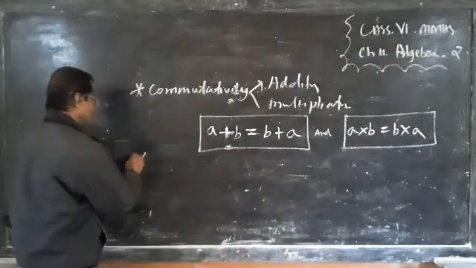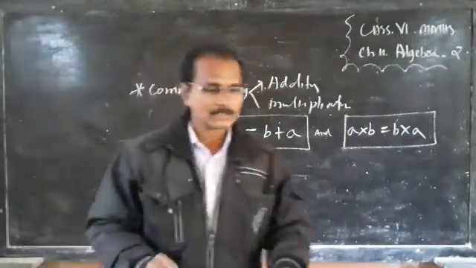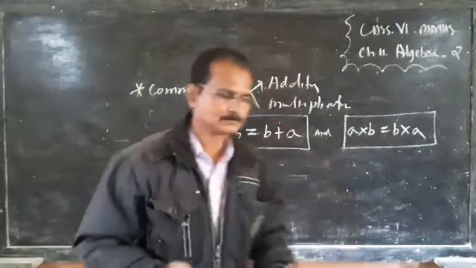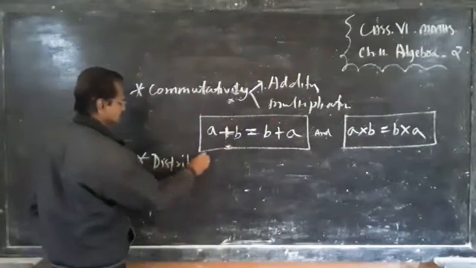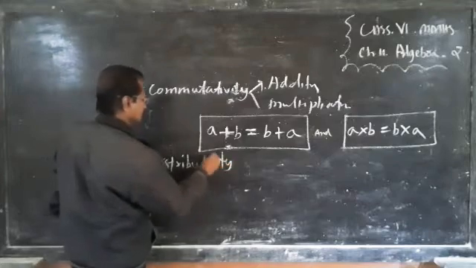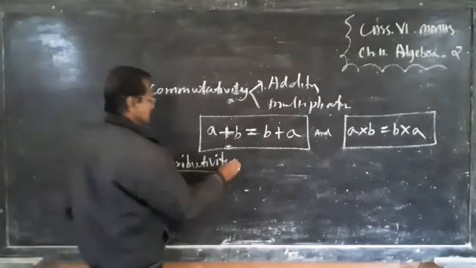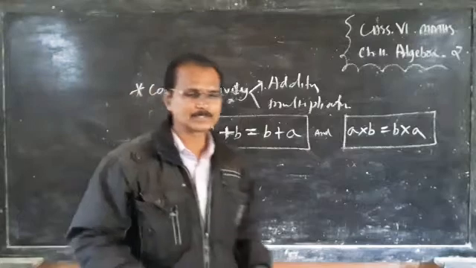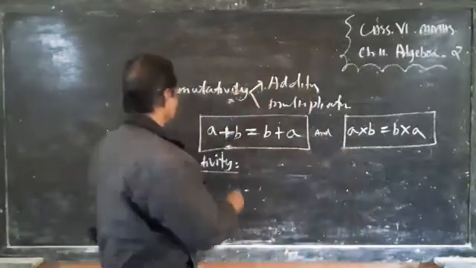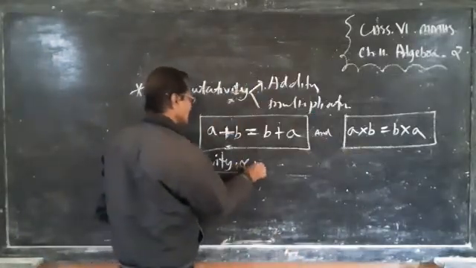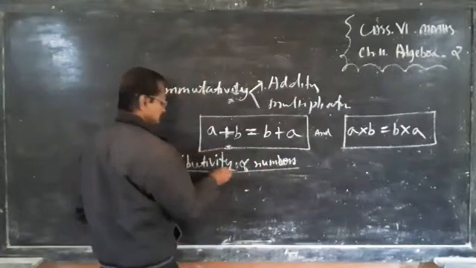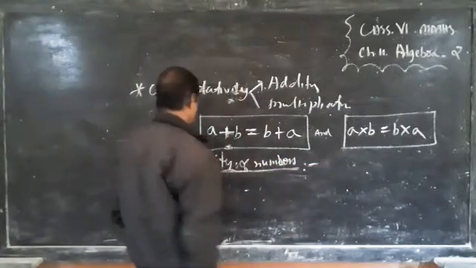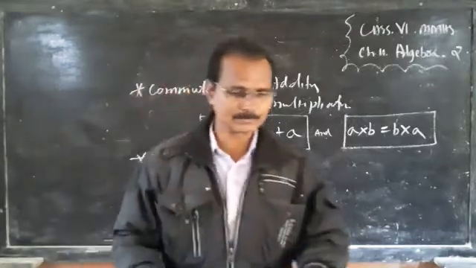And the second one is distributivity. What is this distributivity of numbers?